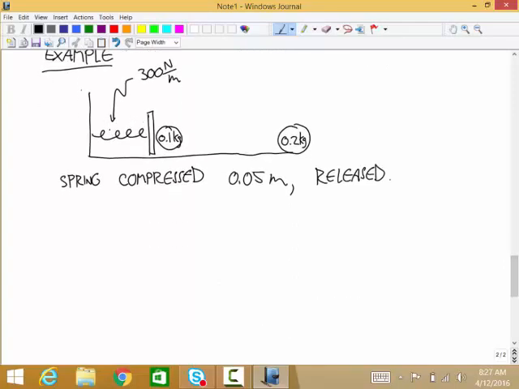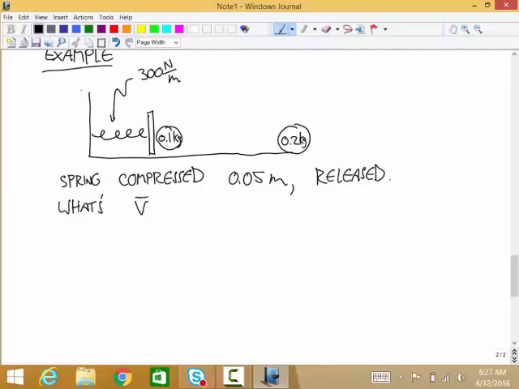So what's going to happen, like when you pull back the plunger in pinball, that's a game old people used to play, it launches the ball forward when you release the spring. So that's what's going to happen here. This 0.1 kilogram ball is going to get launched forward, and it's going to smack into the 0.2 kilogram ball.